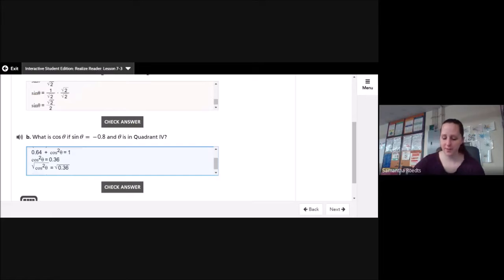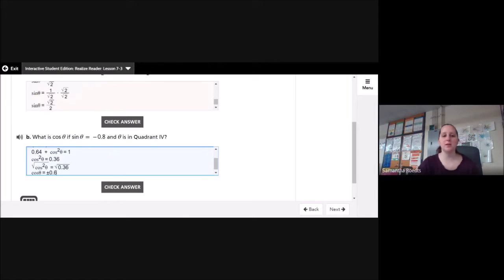Okay. So the square root of 0.36 is 0.6. So cosine theta equals either positive or negative 0.6. The square root of 2 over 2 could also have been positive or negative.